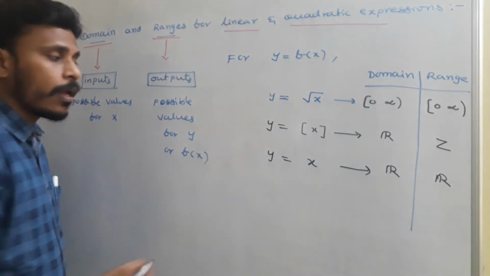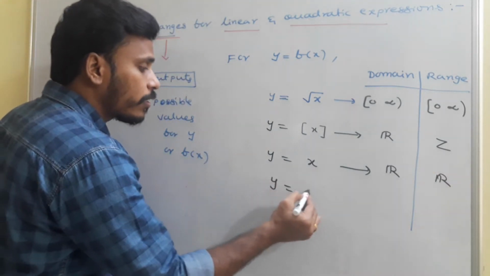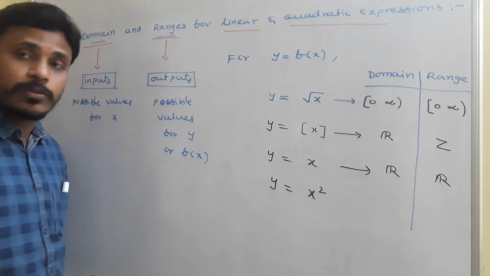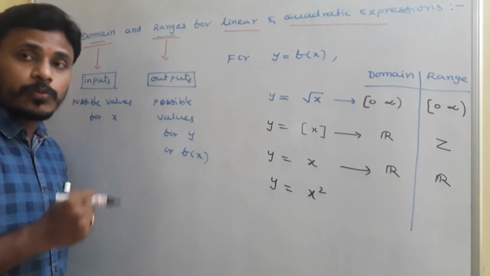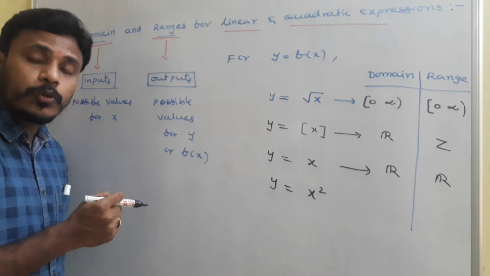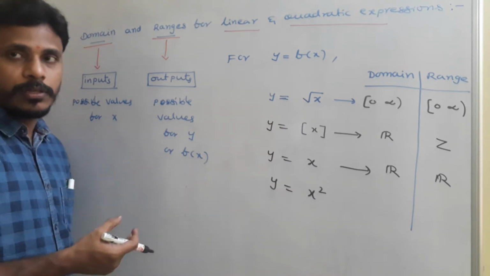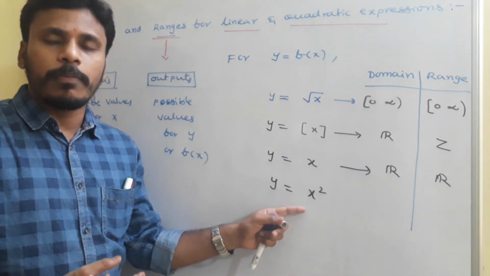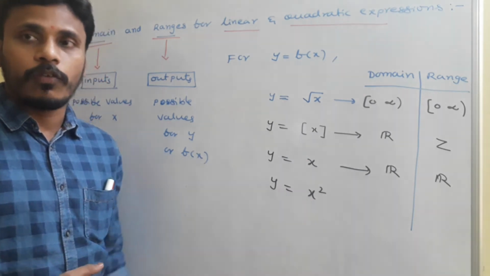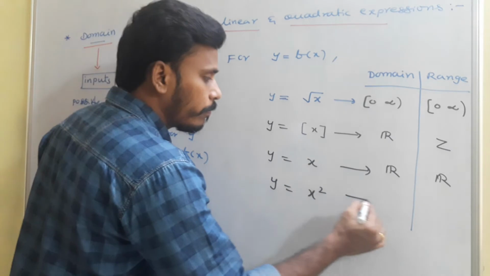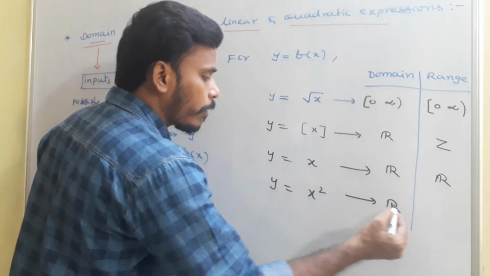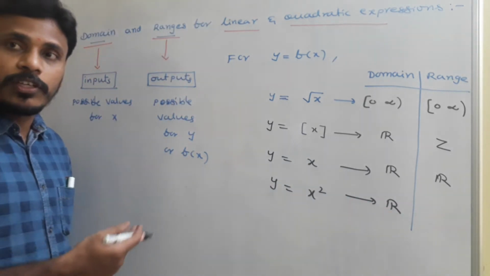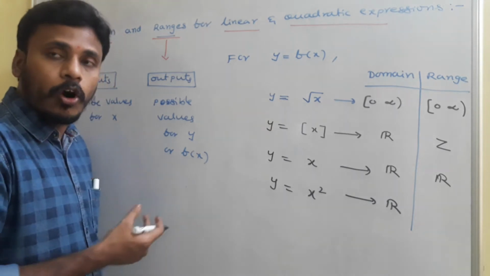Suppose you consider the function y is equal to x square. What do you say about the possible inputs? For x square, you are able to give any real value in the place of x. Take any real number in the place of x, no problem, the function exists, and the input is all real numbers.